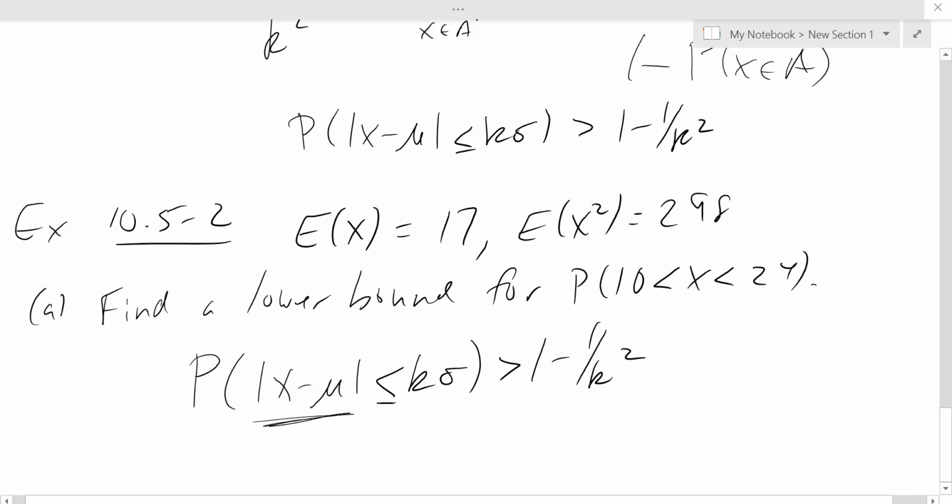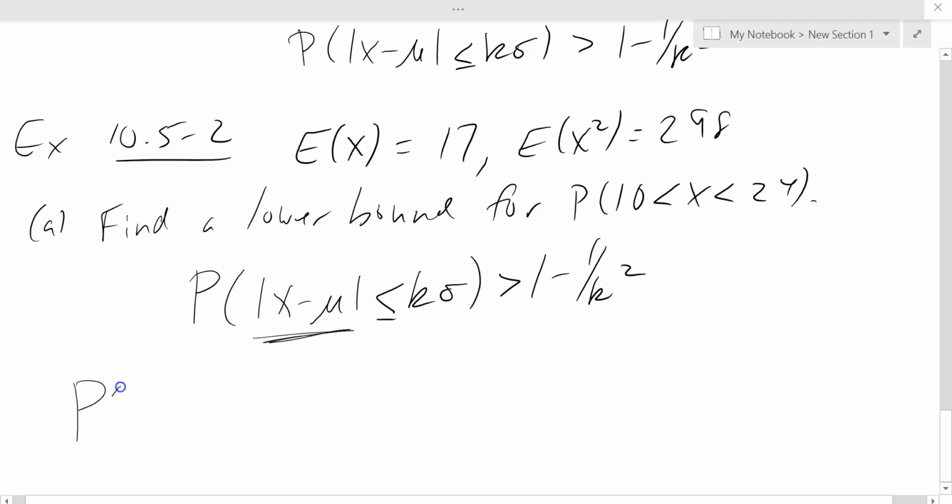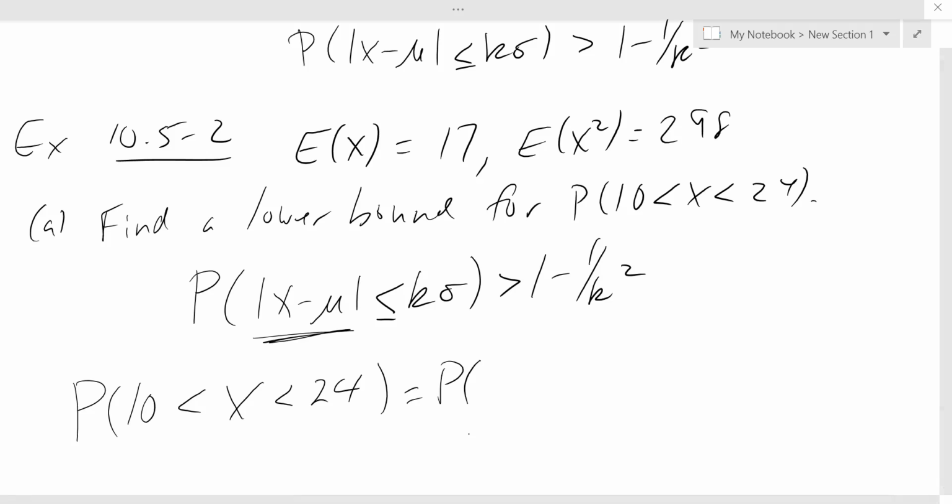So notice I need to see an absolute value statement of x minus the mean. So the first thing I want to do in this probability is make the inside piece of that inequality be an x minus the mean. Well, in this case, what is the mean? 17. So I'm going to subtract 17 from everything. So you get negative 7 is less than x minus 17 is less than 7.